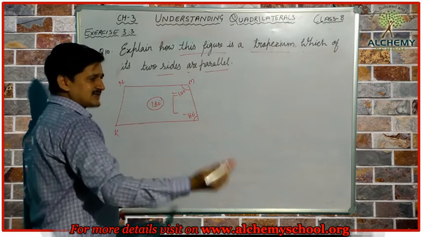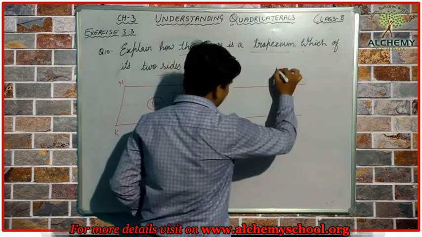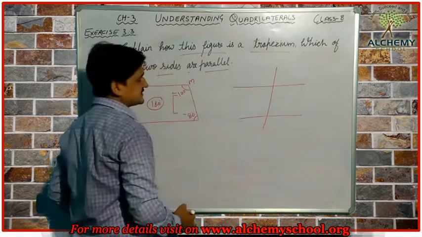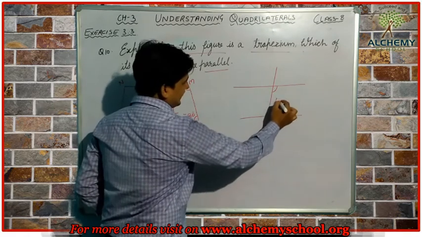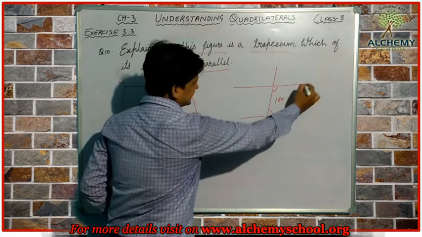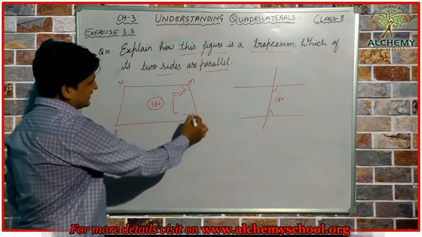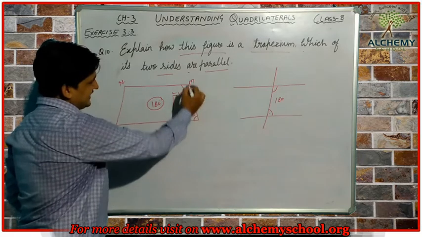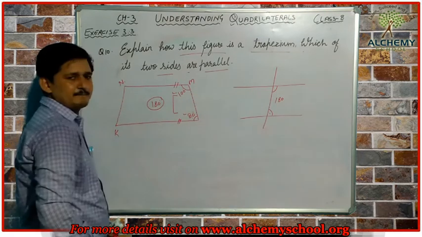Okay, in 7th standard already we have seen when two lines are parallel and a transversal cross it, co-interior angles are supplementary. So these two angles will be 180 degree because these lines are parallel. So when here these two angles are 180 degree, it means these two lines are parallel.